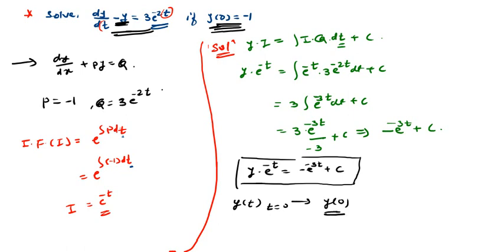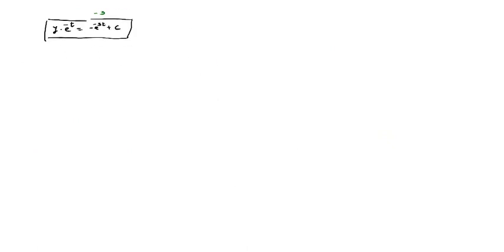So whatever we have in this solution, I will take it to the next page. In this given solution, y is a function of t, so this will be y of t times e to the power minus t equals minus e raised to minus 3t plus c.